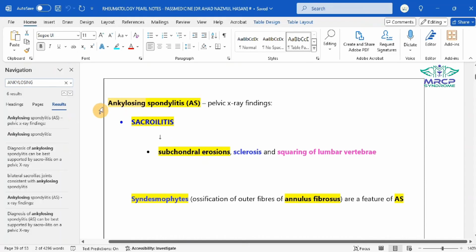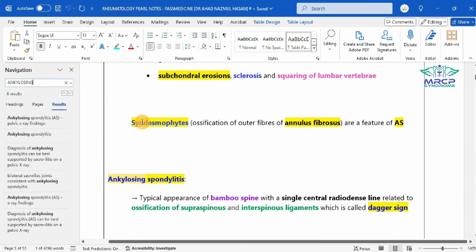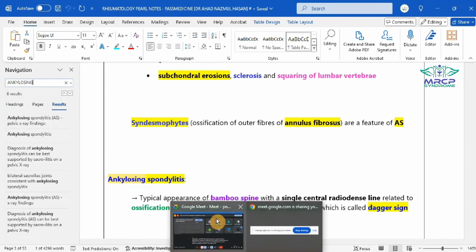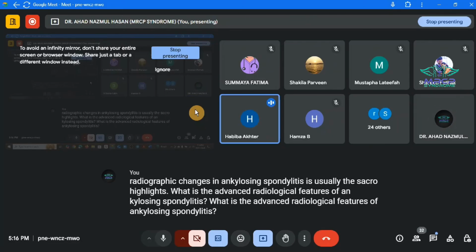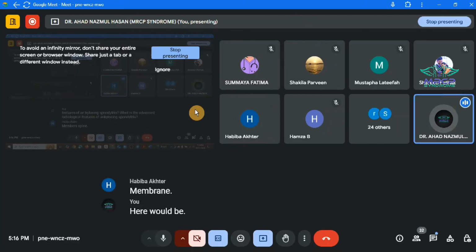What are the advanced radiological features of ankylosing spondylitis? Bamboo spine. Yes, there would be a bamboo spine giving rise to the dagger sign.